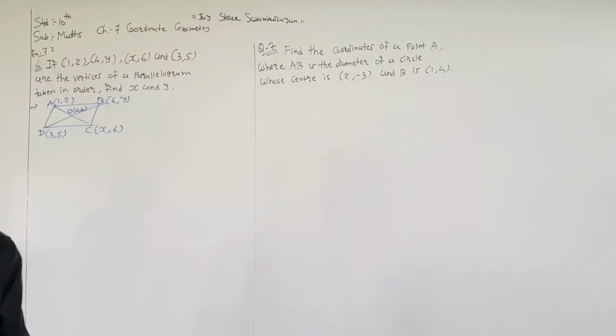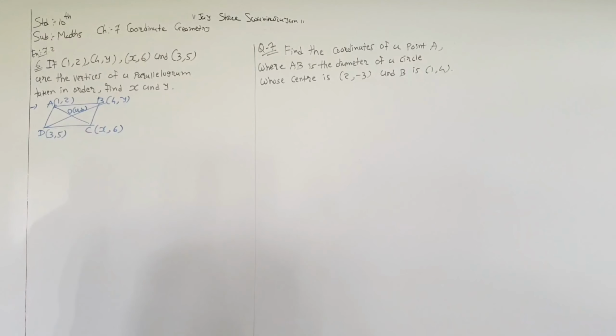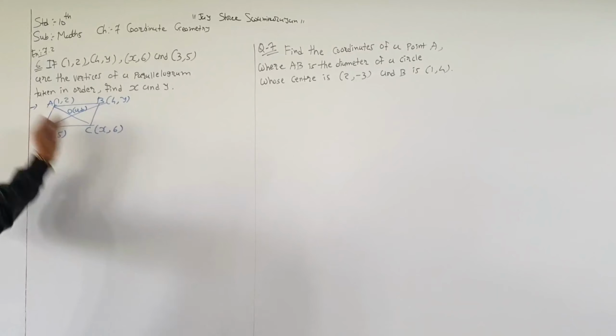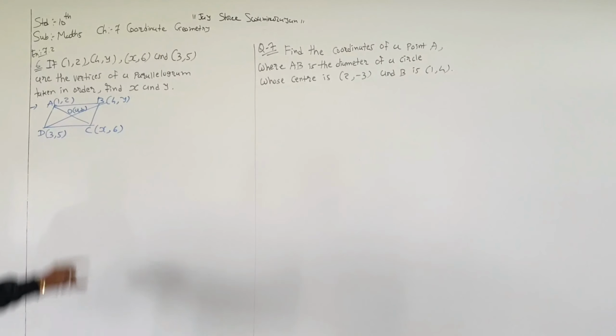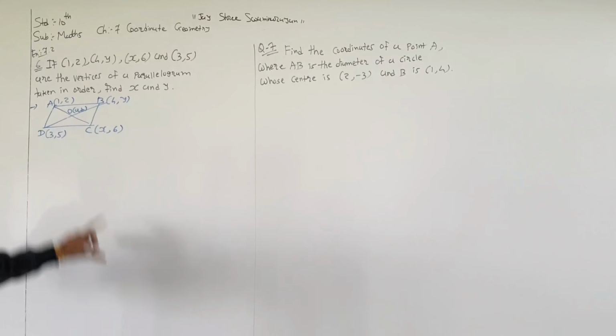Bisect each other means it divides the diagonal into two equal parts. That means AO is equal to CO, which means O is the midpoint of AC.